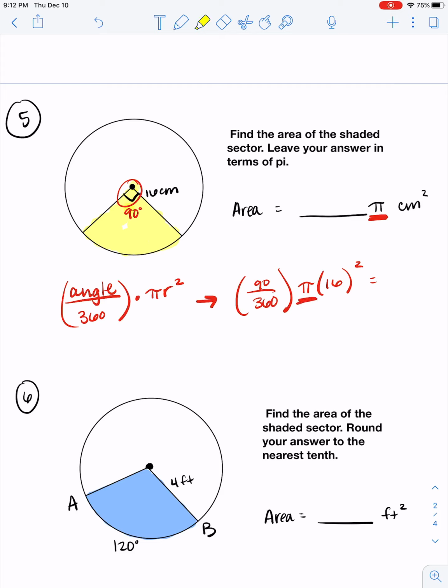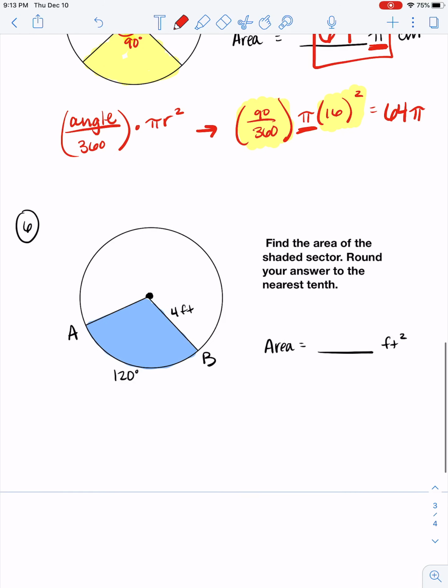And again, I'm going to multiply just the numbers in my calculator. So parentheses 90 divided by 360, close my parentheses, times 16 squared. And that's 64 pi. So 64 pi centimeters squared, okay?